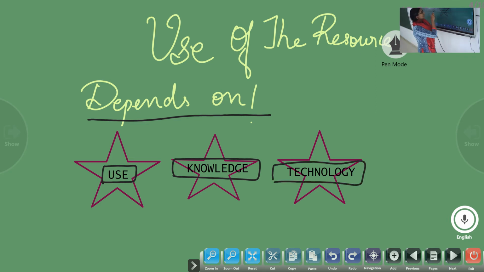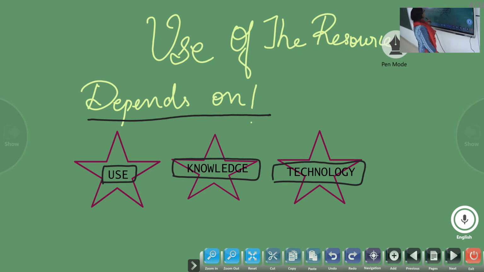The third thing is technology. If I have the resource and of course I want to use it, and I also know how to use it, but if I don't have the technology to use it, again the resource becomes a waste, or the resource is not being used, so it does not become a resource because it's not used. So I need the technology to use the resource.